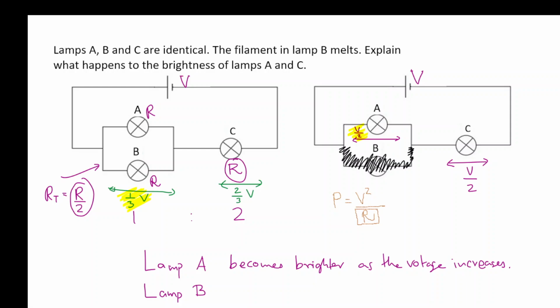I've already indicated it here, 1/3 and half. I can include it like: lamp A becomes brighter as the voltage increases from 1/3 V to half V. But I've mentioned it here, so this is enough.